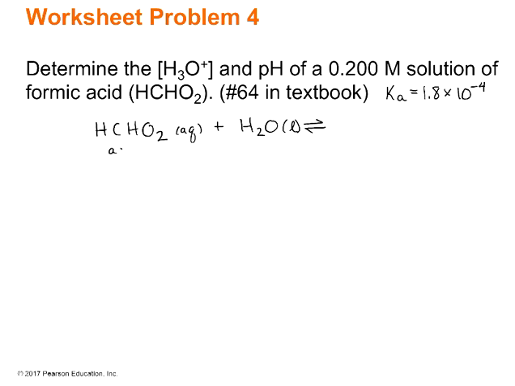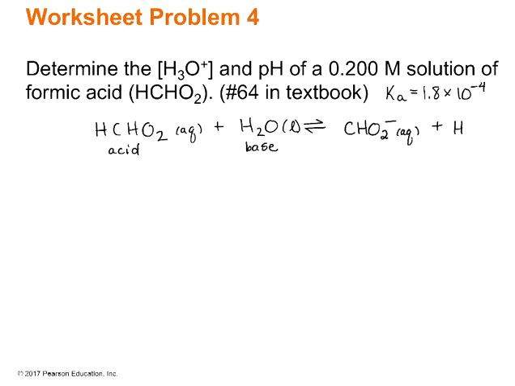And because formic acid is an acid, that means water is going to act as a base and take a hydrogen from the acid. Or I guess accept a hydrogen from the acid. And then in the products, we'll end up with CHO2 minus, because formic acid has lost a hydrogen ion, so it's now negative.